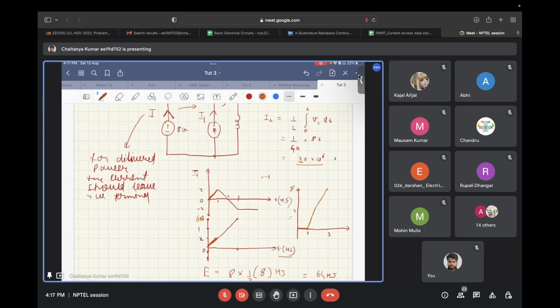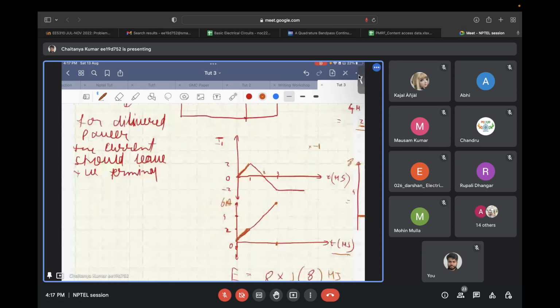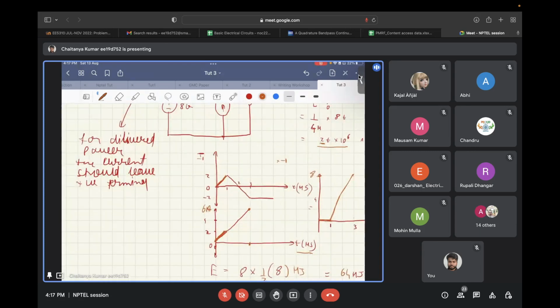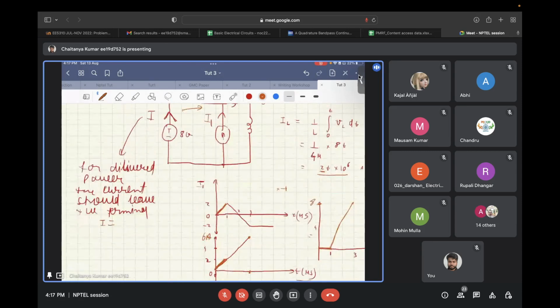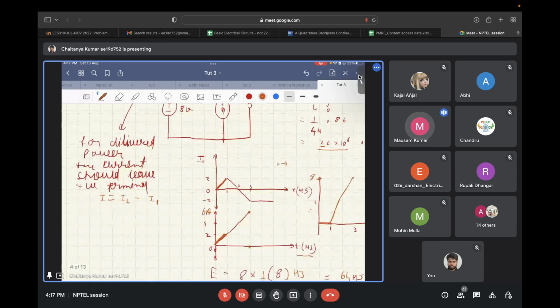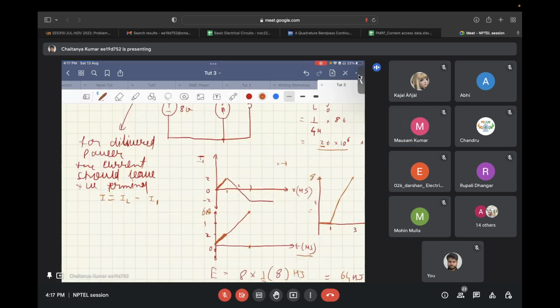Okay, so fine. You understand that the current coming out of this 8-volt voltage source is equal to IL minus I1. Yes, sir.